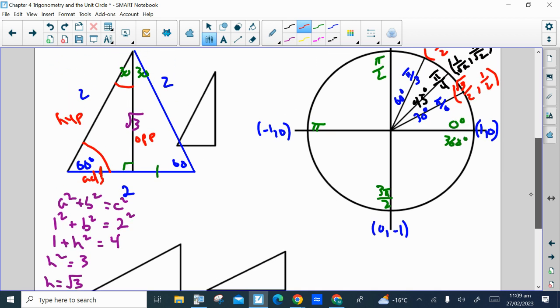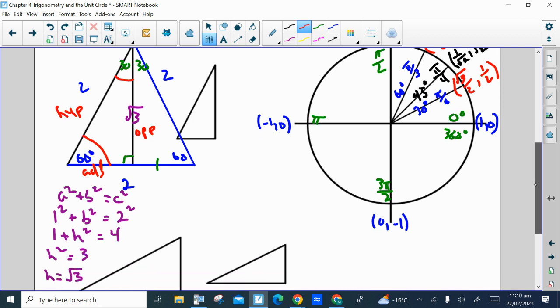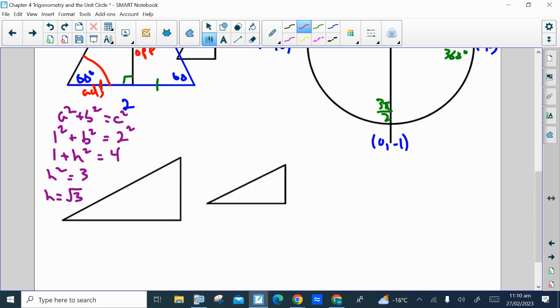One of them is that if we take 45 degrees or pi on 4 radians, they're both 1 over root 2. Well, we can rationalize those by multiplying top and bottom by root 2. So the sine of 45 degrees is 1 over root 2.